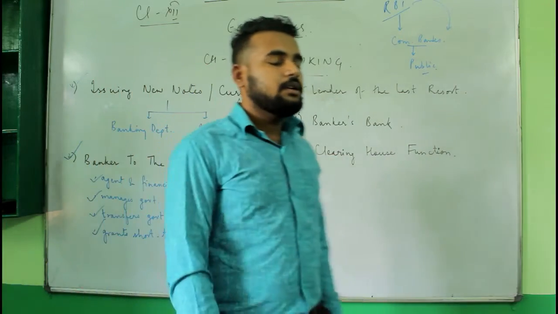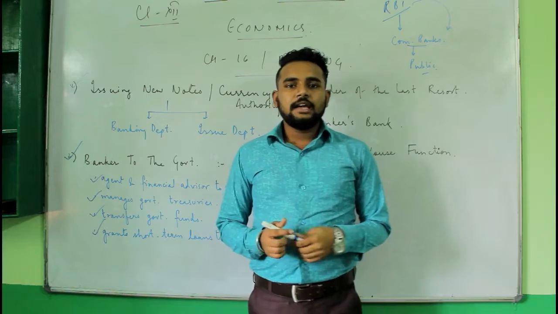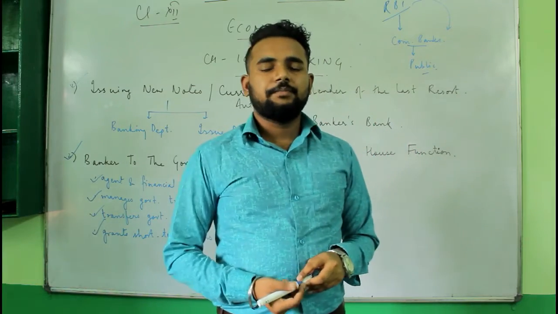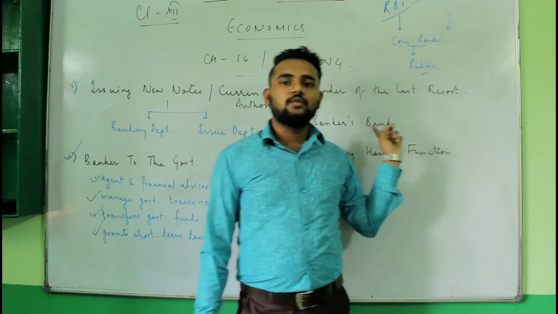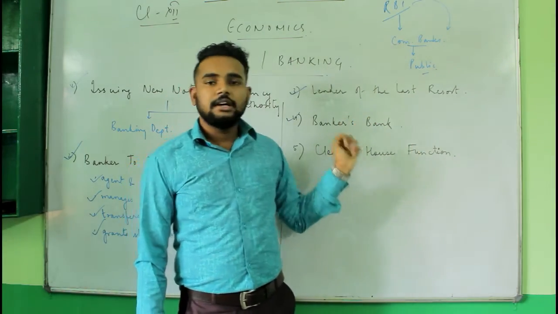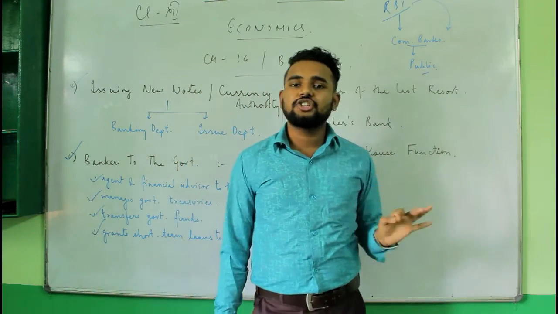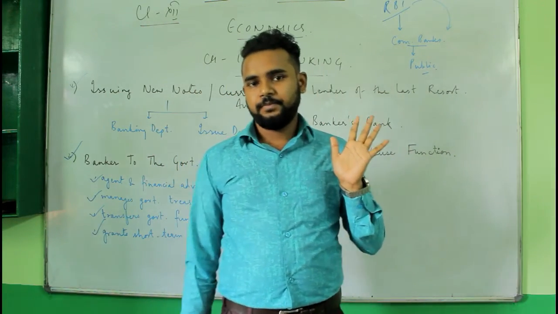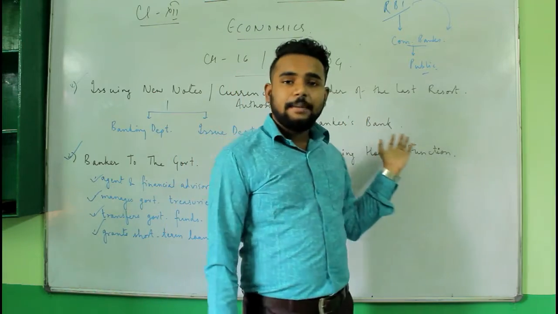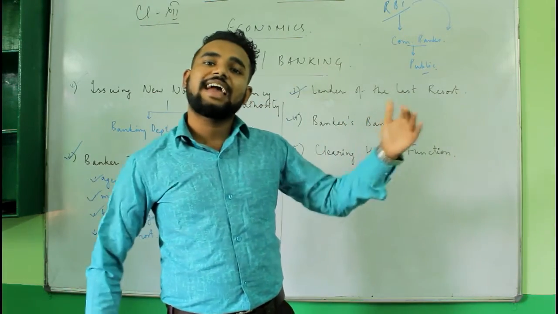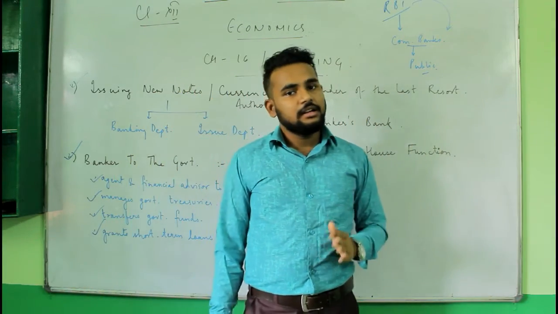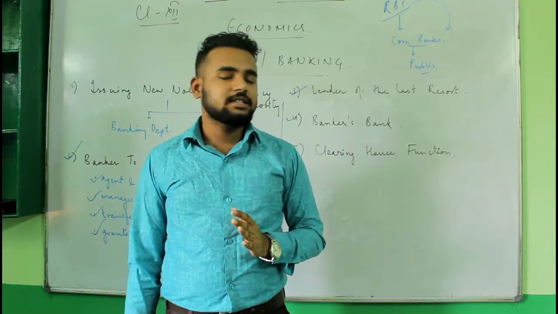What does it say? See, the RBI acts as a banker's bank. It means that the main work and the priority of the RBI is to function, regulate, coordinate all other commercial banks in the country. The RBI keeps a part of their cash balances as a reserve with the RBI. What does it mean?